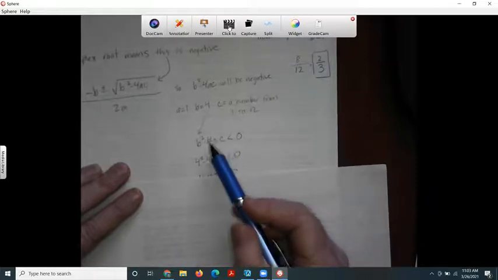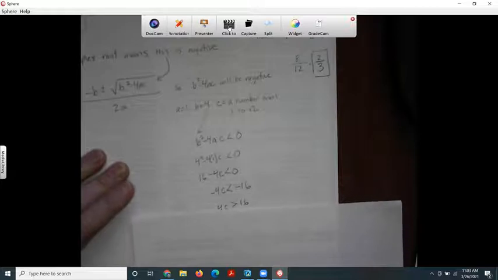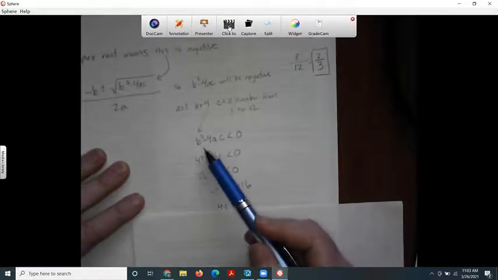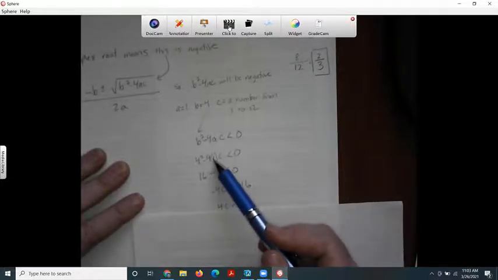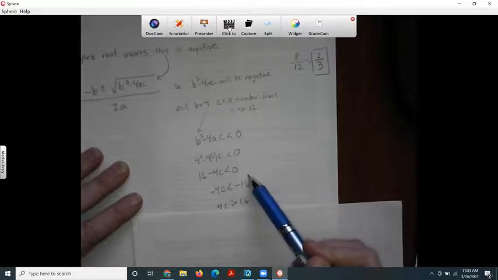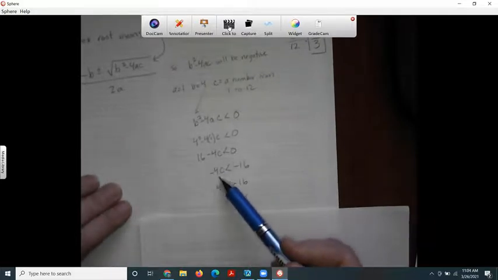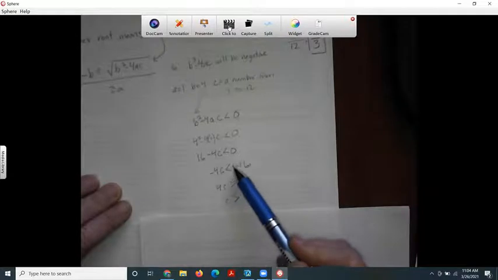And then I plug in my numbers, and I'm going to actually solve it like a little algebra problem here. So I plug in my 4. I got 4 squared minus 4 times 1 times C. That gives me this line right here. And then if I subtract 16 from both sides, then I get negative 4C is less than negative 16.